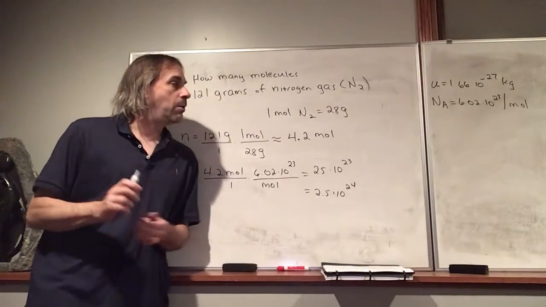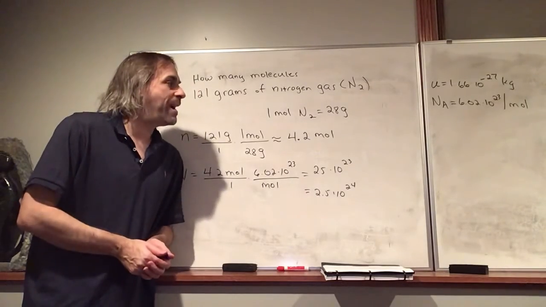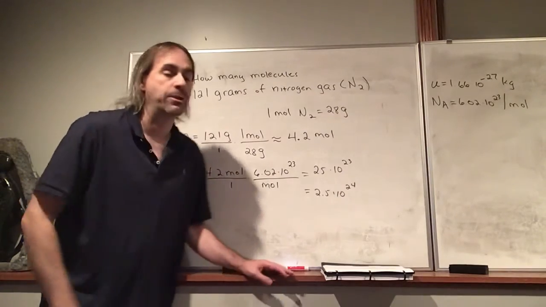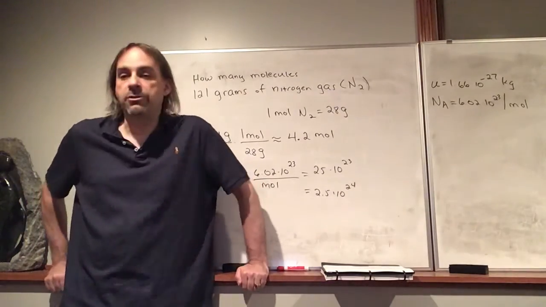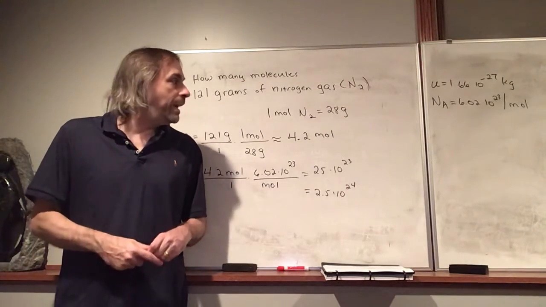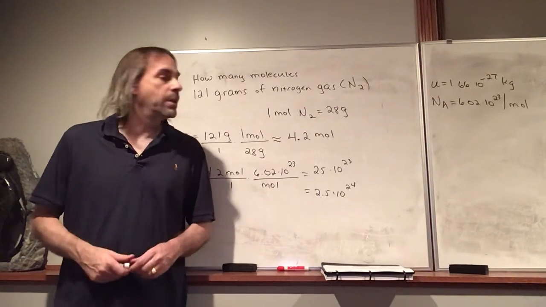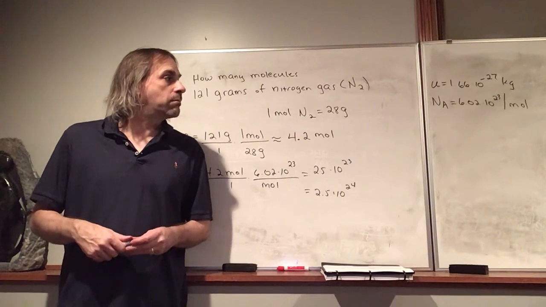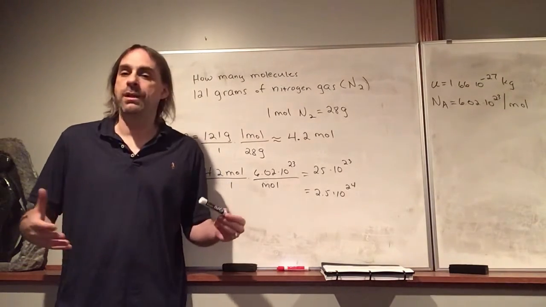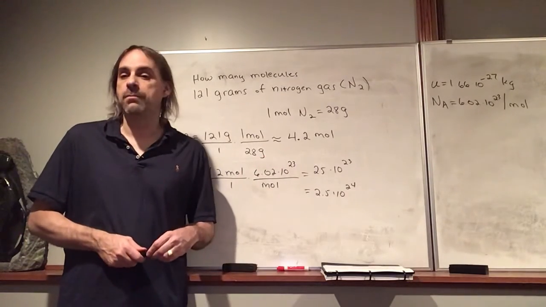Okay, so it's a very important topic because if we have a finite sample of something macroscopic, large scale, something we'd measure in grams, this will tell us how many molecules there are. And again, this Avogadro's number is an enormous number. The number of stars in a typical galaxy like the Milky Way is around 10 to the 22nd power.